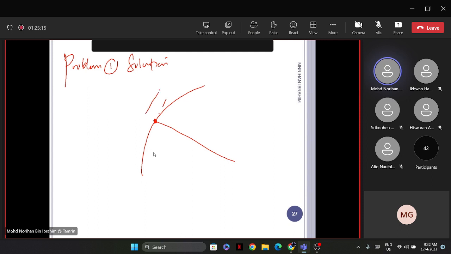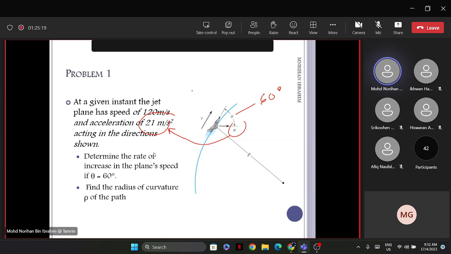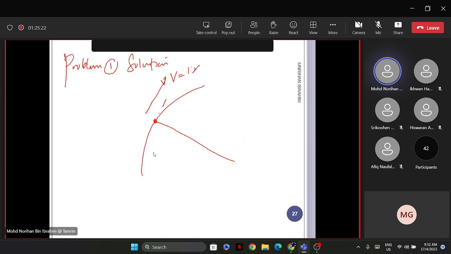Okay, solutions, problem 1. So the jet fighter or jet plane, simply like this. The velocity is v, which is equal to 120 meter per second.